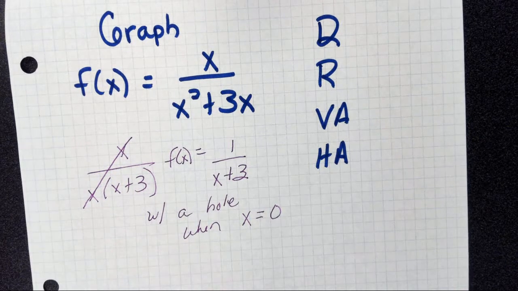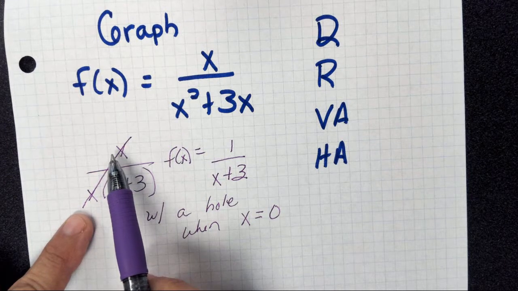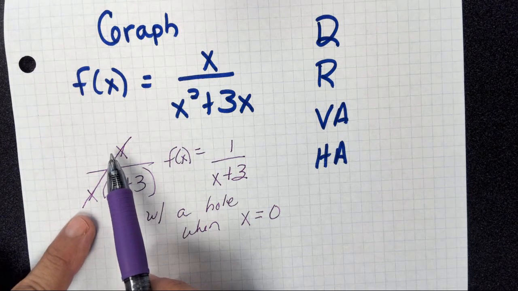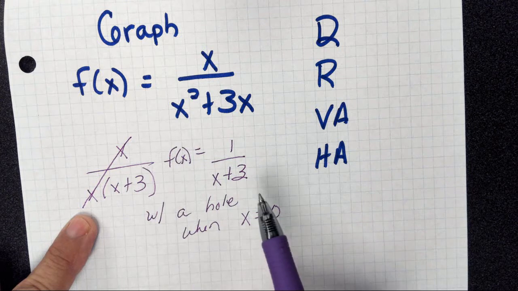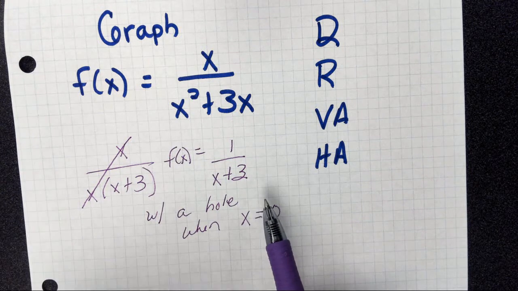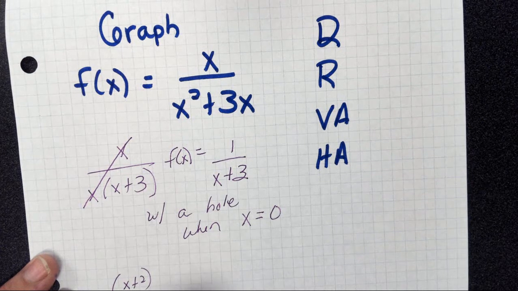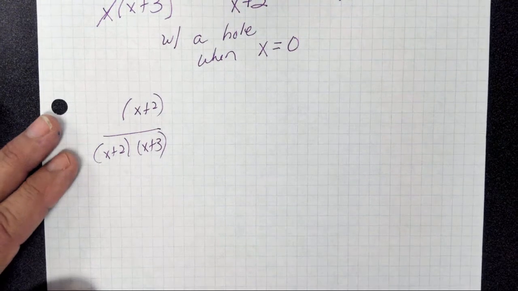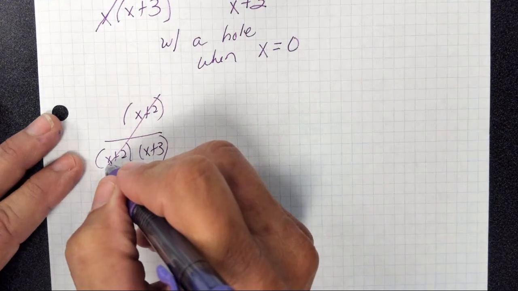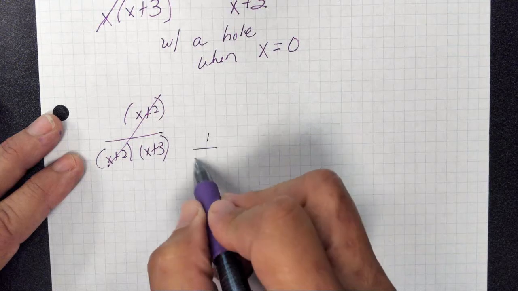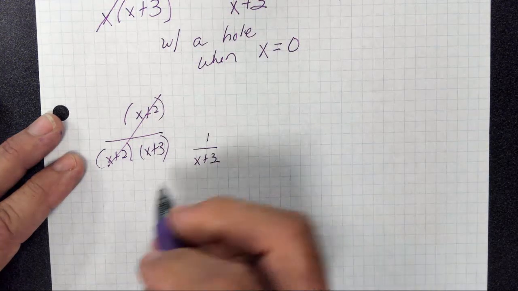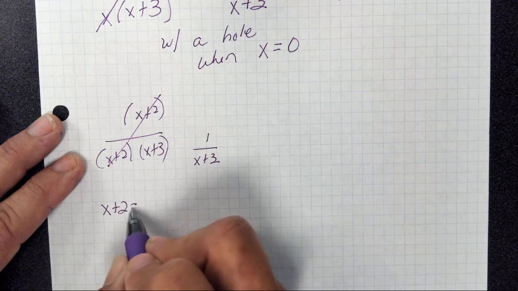So why is there a hole when x equals 0? Well, you take your common factor, whatever it is, and in this case it is x, and you set it equal to 0. So, different problem, but I think if I write it this way, it'll make more sense to you. So, if I had x plus 2, x plus 2, x plus 3, and I scratch out the x plus 2, I would still be graphing 1 over x plus 3, but when does x plus 2 equal 0?